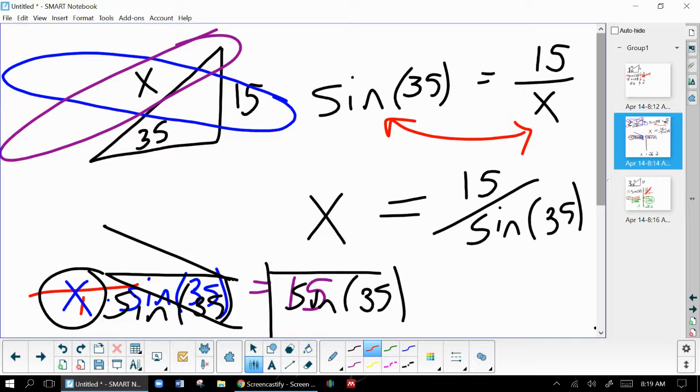So it was sine 35 equals 15 over x. Now it's x equals 15 divided by sine 35. Obviously, the algebra steps behind why that works are there, but that's what ends up happening. The variable and the sine part have just ended up switching. And that will always happen because we're doing the exact same steps every single time, as long as that x is in the denominator.